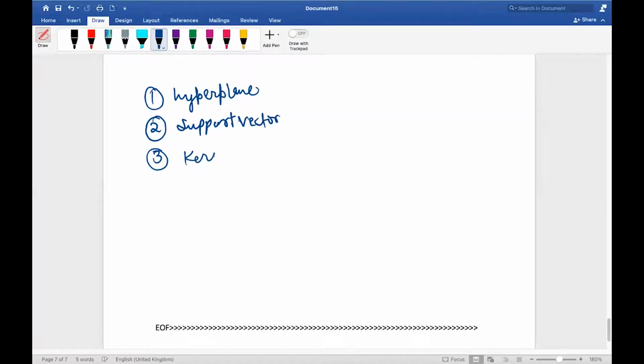What else? What is kernel trick? A method to transfer points to a higher dimension space. Yeah, that is the answer, but still can be improved.